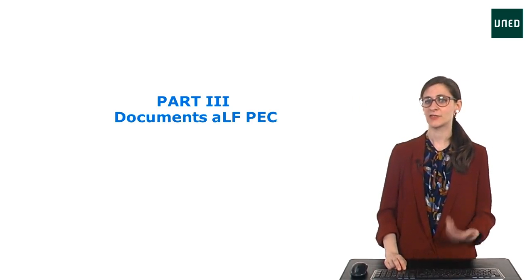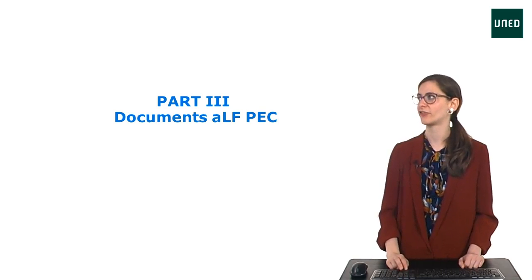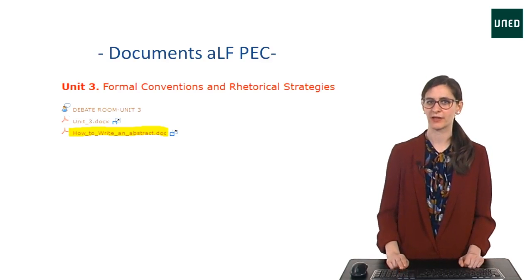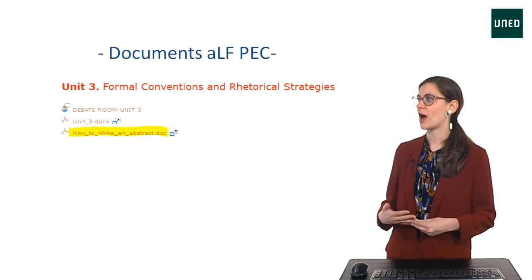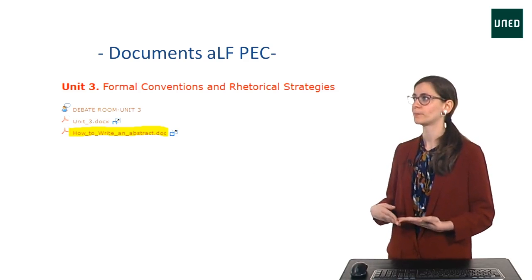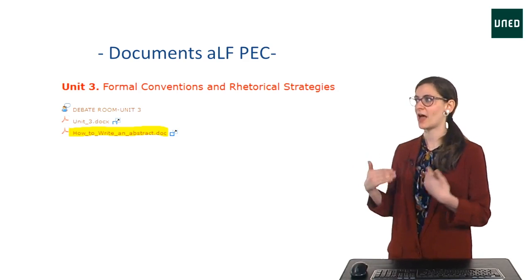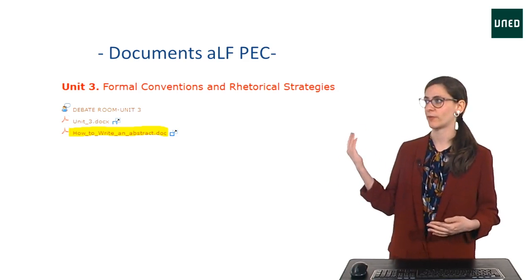Okay, let's finish now with a look at the documents that you have to prepare your PEC. If you go to the platform, you'll find that in Unit 3, you have a document titled How to Write an Abstract that is quite useful to read and use some of the tools that appear there to write your abstract for the PEC.